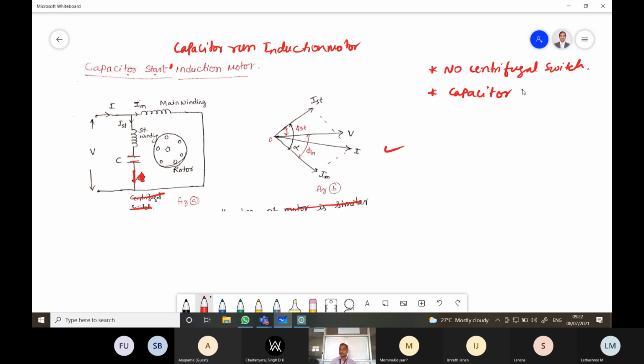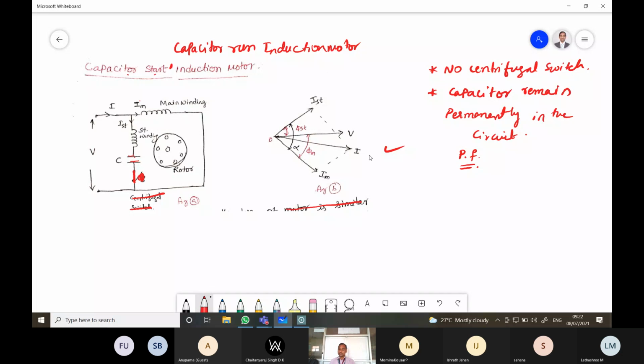The capacitor remains permanently in the circuit. So this improves the power factor. Again the power factor will be improving, and the phasor diagrams also remain the same as the previous one.